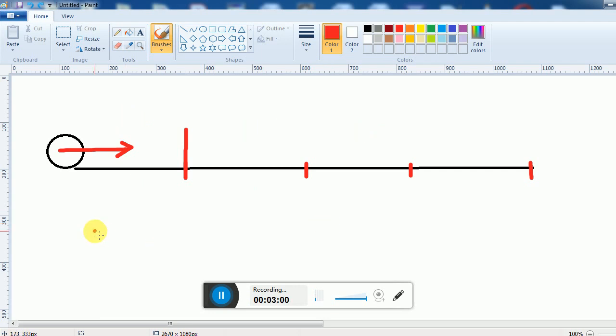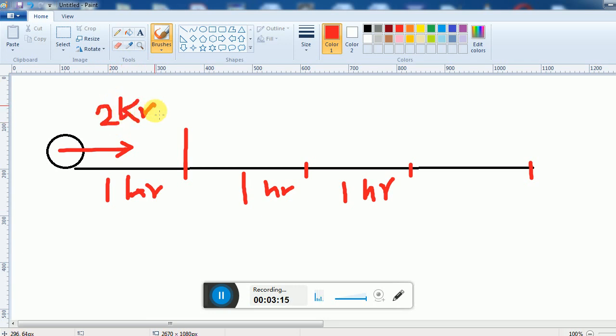Suppose each time interval is the same. This is 1 hour, and this is also 1 hour duration. But in the first 1 hour the car is covering 2 kilometers. In the second 1 hour, the car is covering 5 kilometers. And in the third hour, the car is covering 7 kilometers.